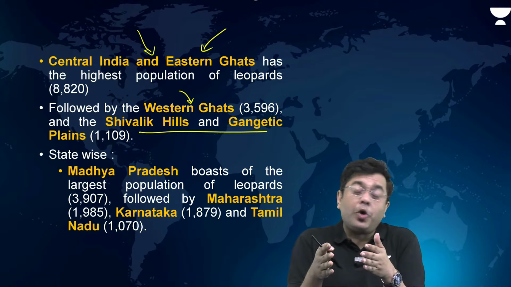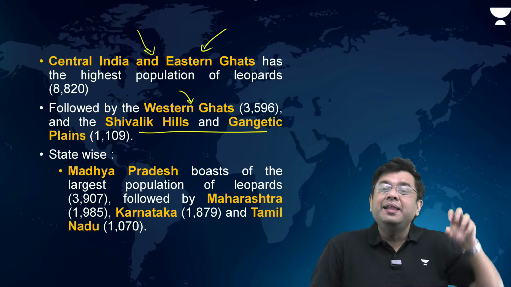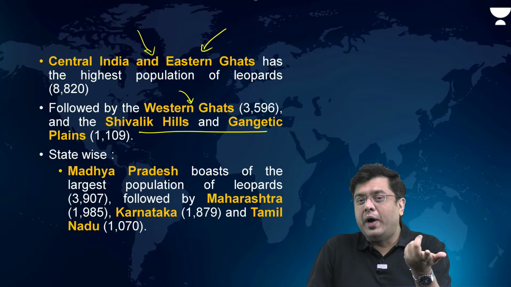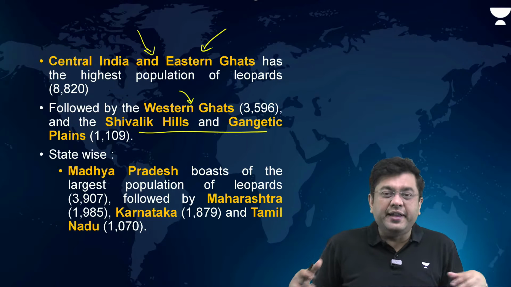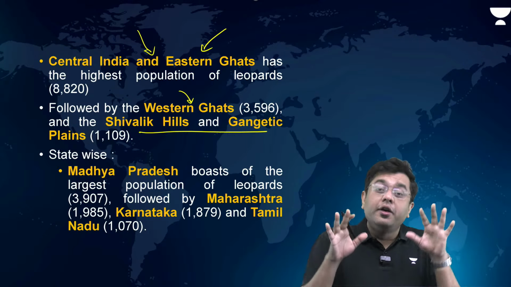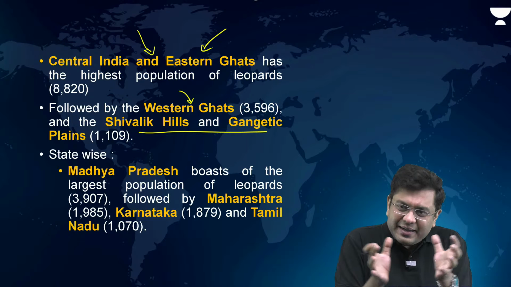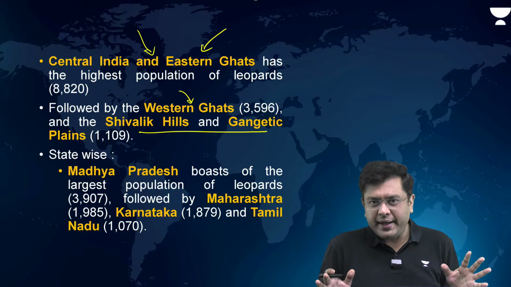So in Madhya Pradesh, Project Tiger is working for the benefit of the leopards, whereas in the region of the Shivaliks, it is working to the disadvantage. Why? Because in central India, you have large open spaces of natural vegetation which is still present. Whereas in the region of the Shivaliks, that natural habitat is reducing and shrinking day by day.